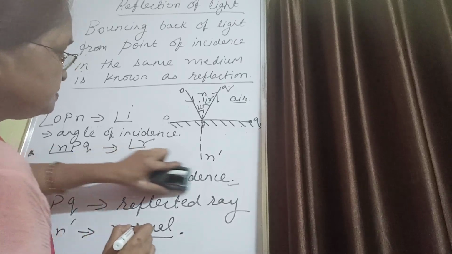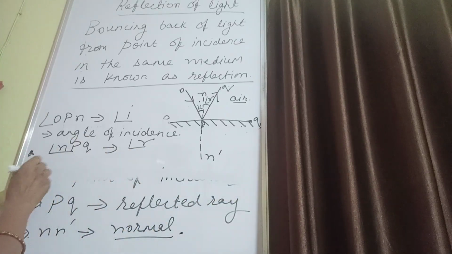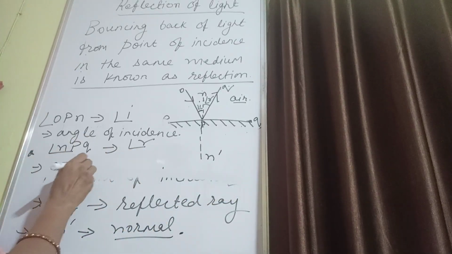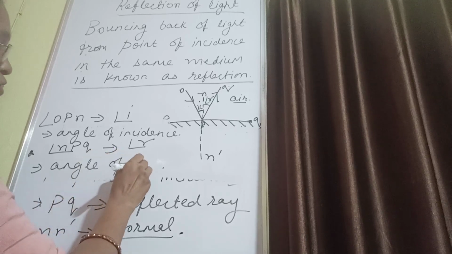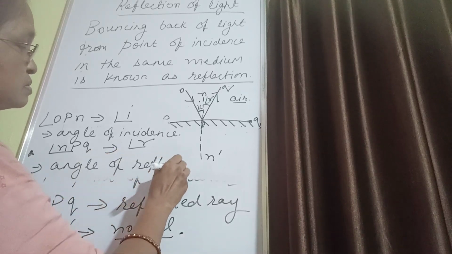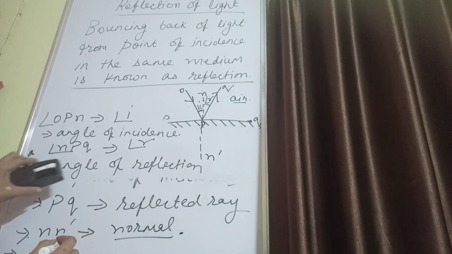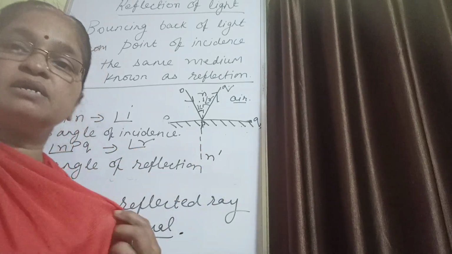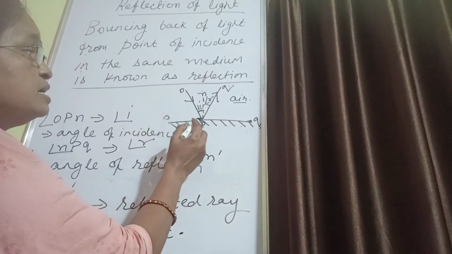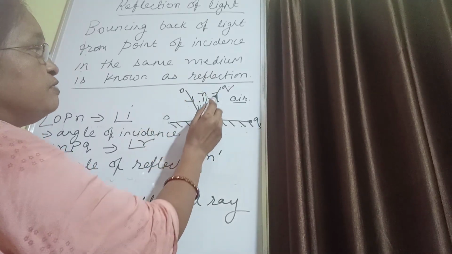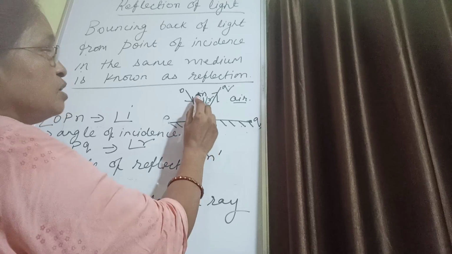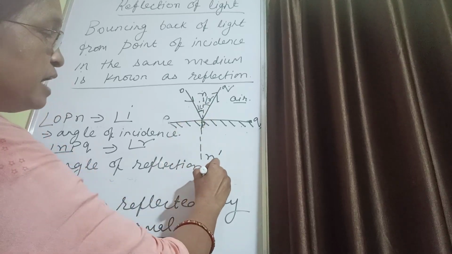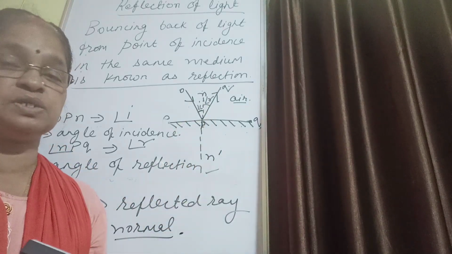This angle is known as the angle of reflection. So students, how will you define this? What are you understanding? What is the angle of reflection? The angle made by the reflected ray to the normal is known as the angle of reflection.